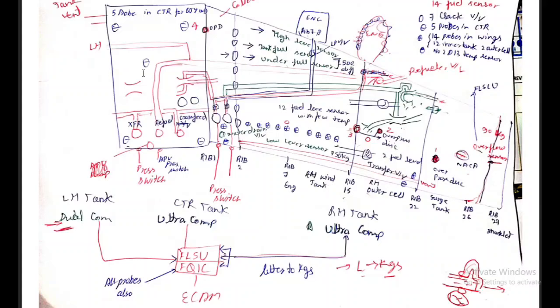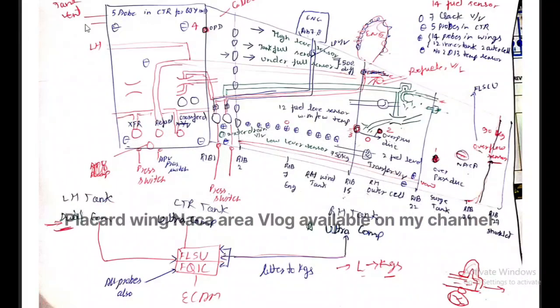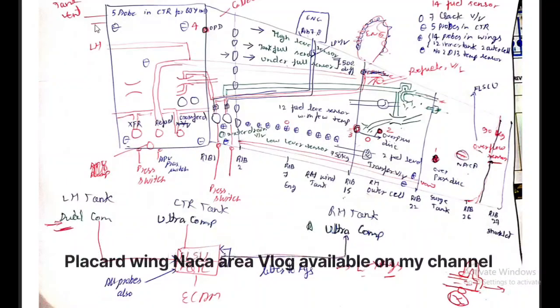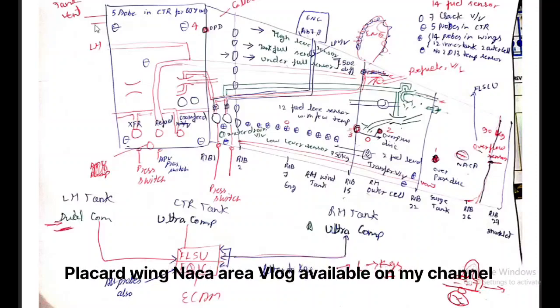The quantity of oxygen will be below 21%, I think less than 50% of that once inert gas generation comes into the picture. So nitrogen-rich air is there, and that's why that placard is on the left side of the wing bottom area near the NACA.